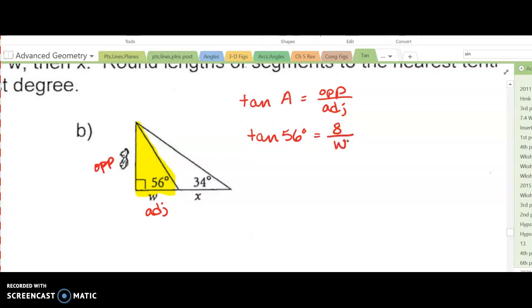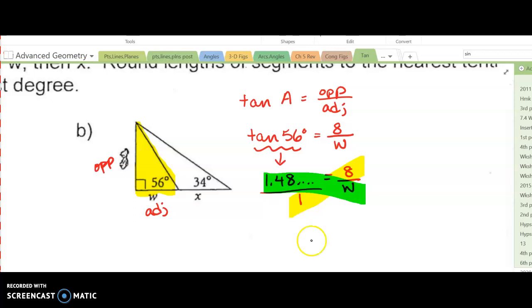Okay, so let's say, calculator, look up tan 56 in the table, and that comes up to 1.48 equals 8 over W. And then throw that over 1 and cross multiply. And so 8 equals 1.48 times W. So to get W by itself, we're going to have to do the opposite of multiply.